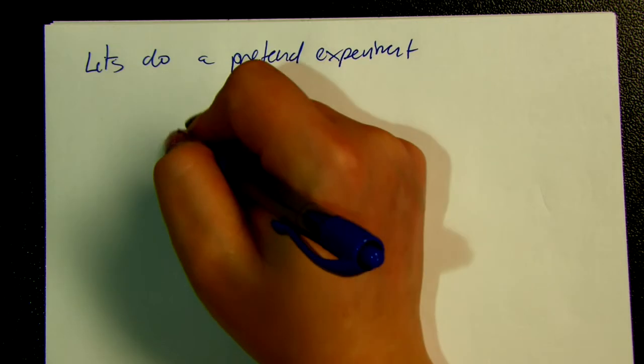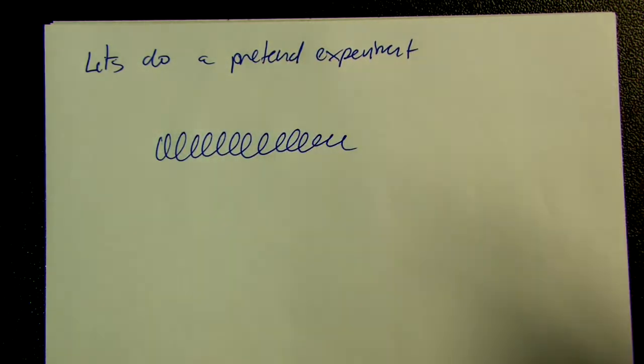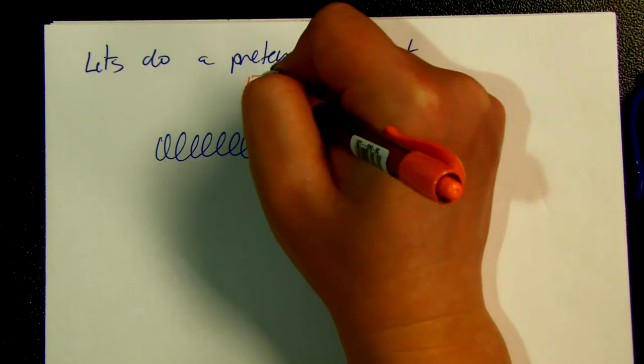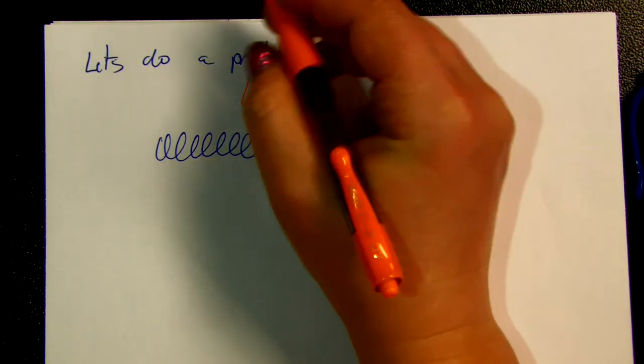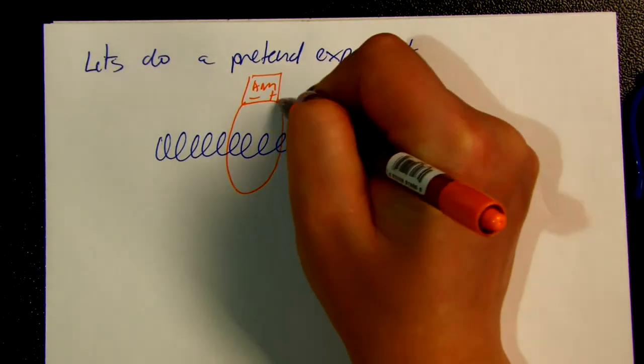So we've got our solenoid, and we have an ammeter, minus plus, and it's going around.